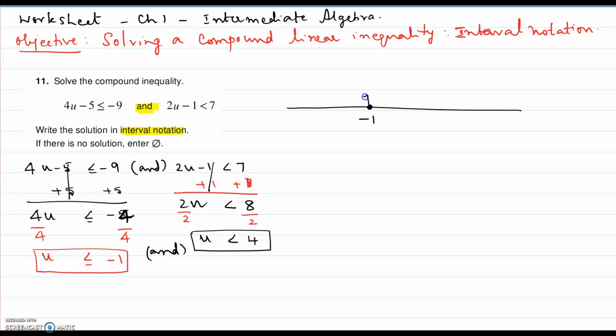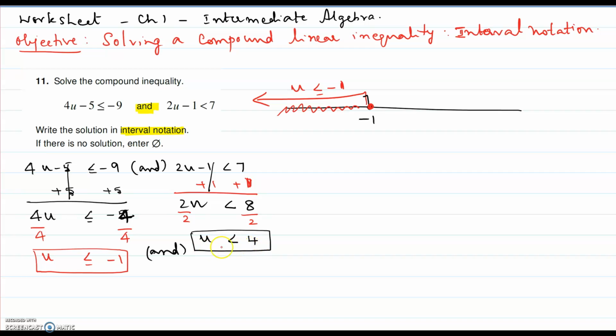So we will shade that part in red, which is u less than or equal to negative 1. That's why we make it a solid dot.